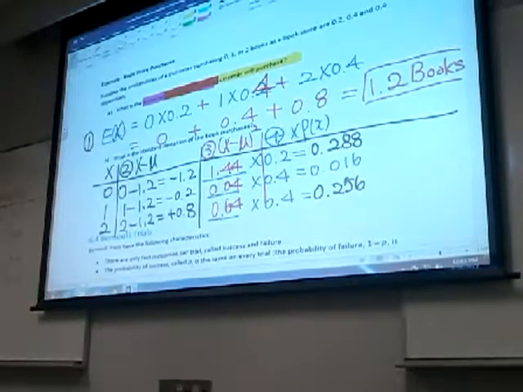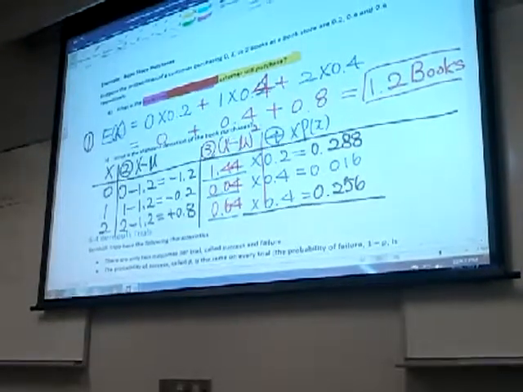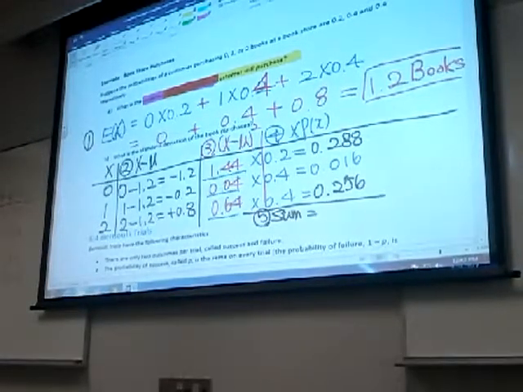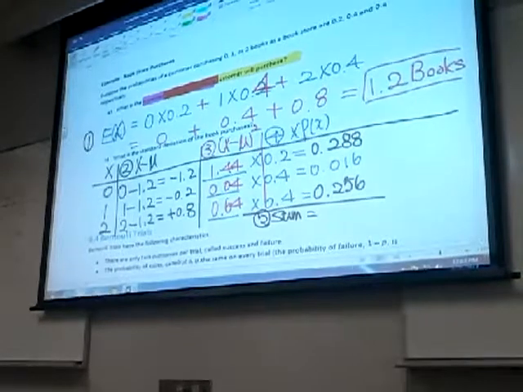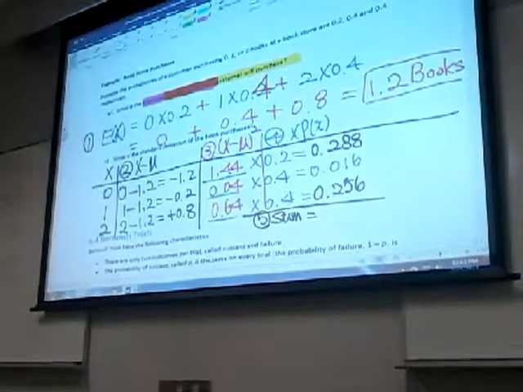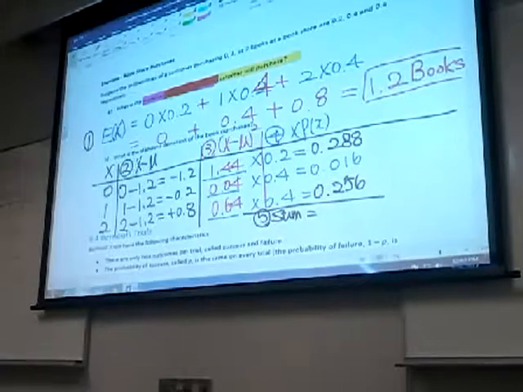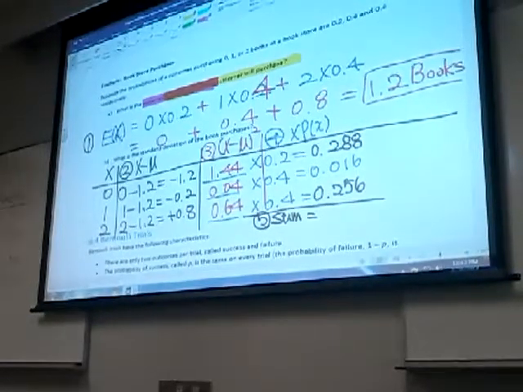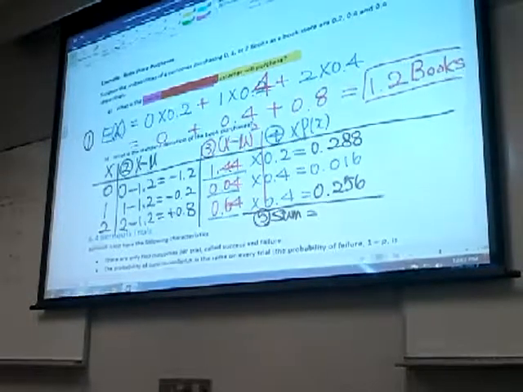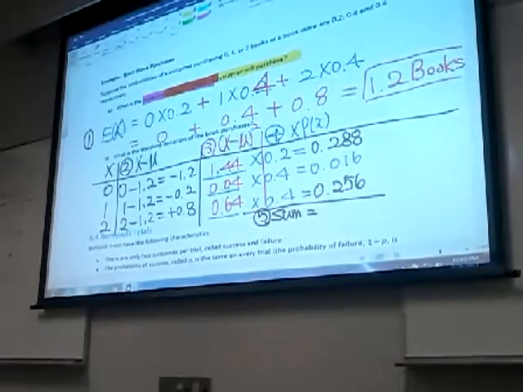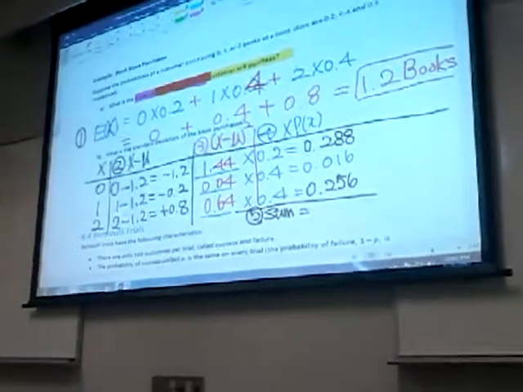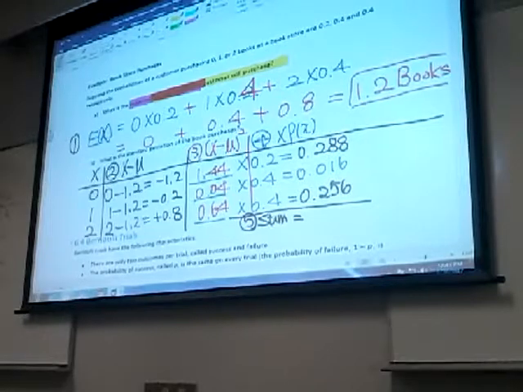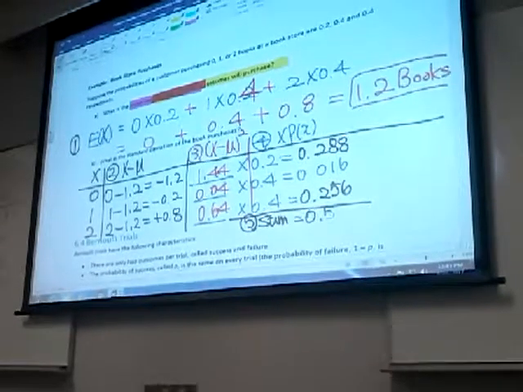What do we have to do in step 5? Add them. Please give me the sum. 0.56.